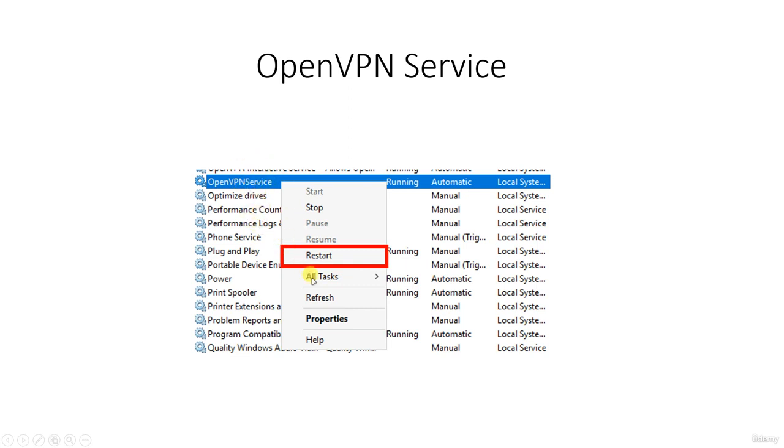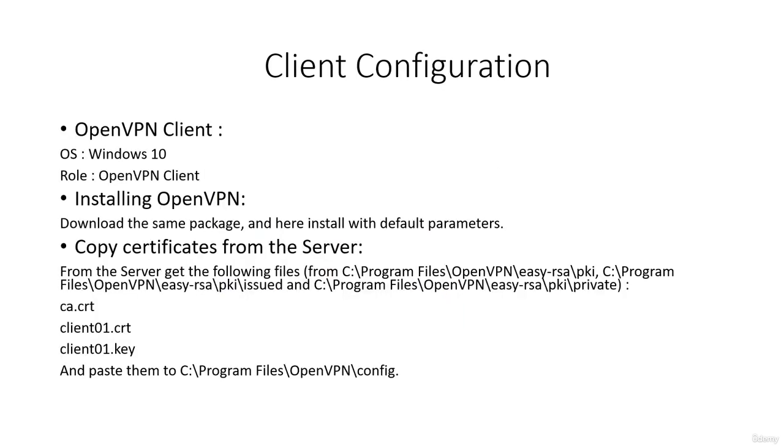What we need to do now is set up our client configuration. Our OpenVPN client will be on Windows 10. First, similarly, we need to download the same package with the default parameters, and we need to copy the certificates from the server.